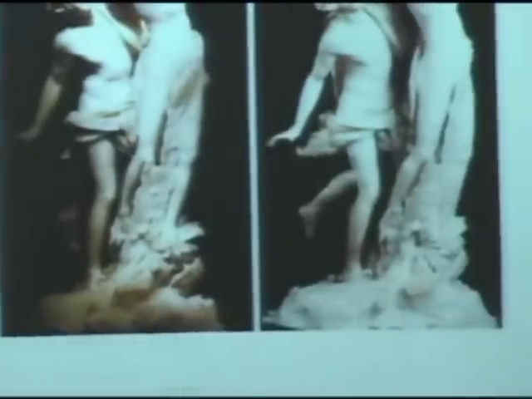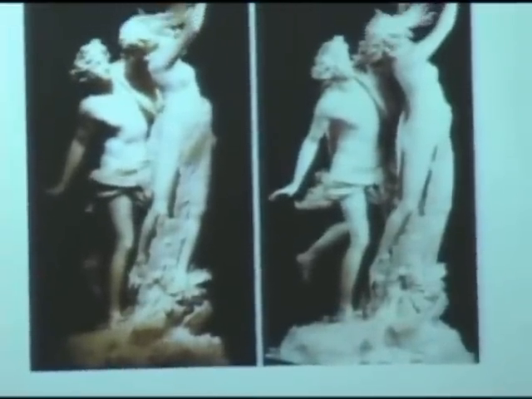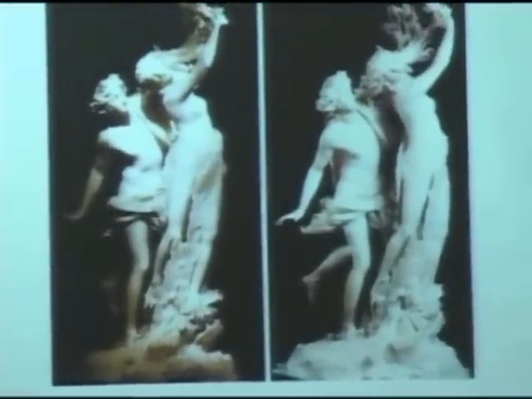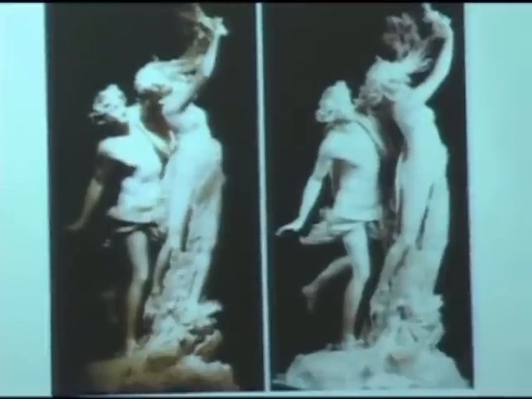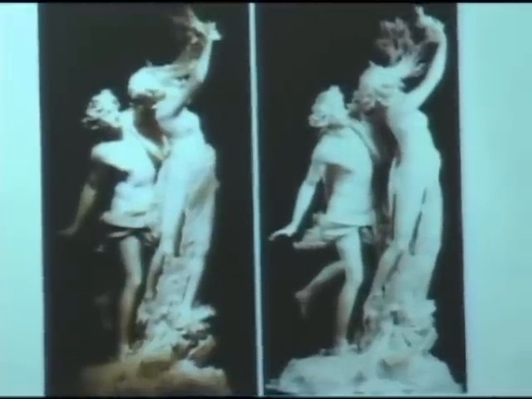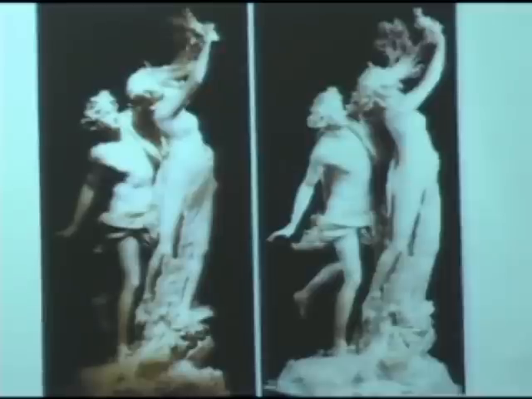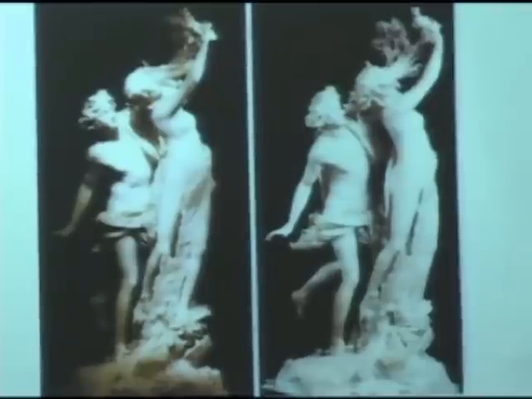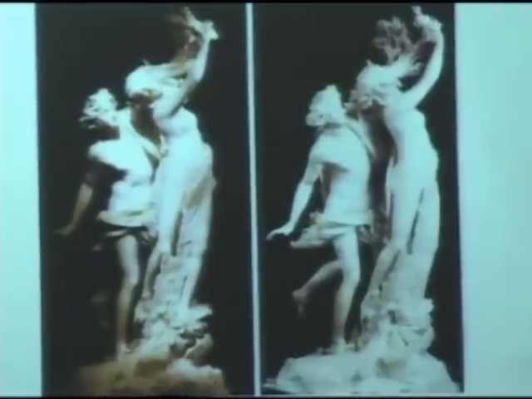This particular piece, Apollo and Daphne, let's get into the subject matter first. Mythological subject matter. In the narrative, Apollo falls in love with Daphne. Daphne doesn't want to do anything with him. There is a chase or a pursuit, and it's quite excessive.